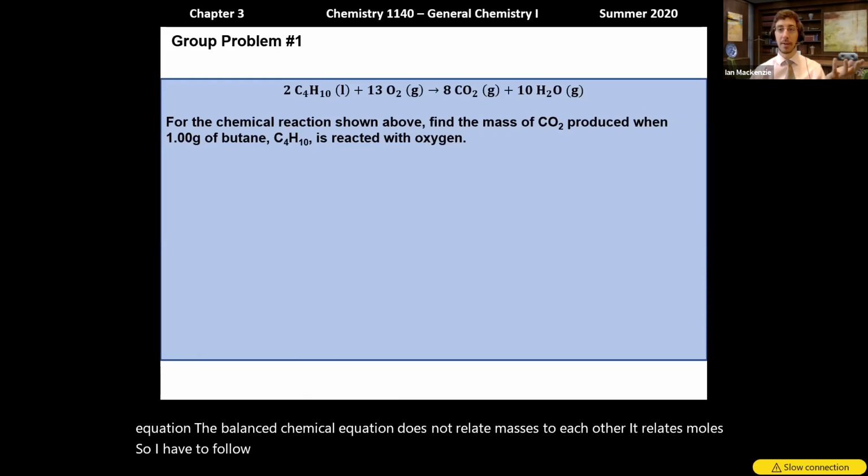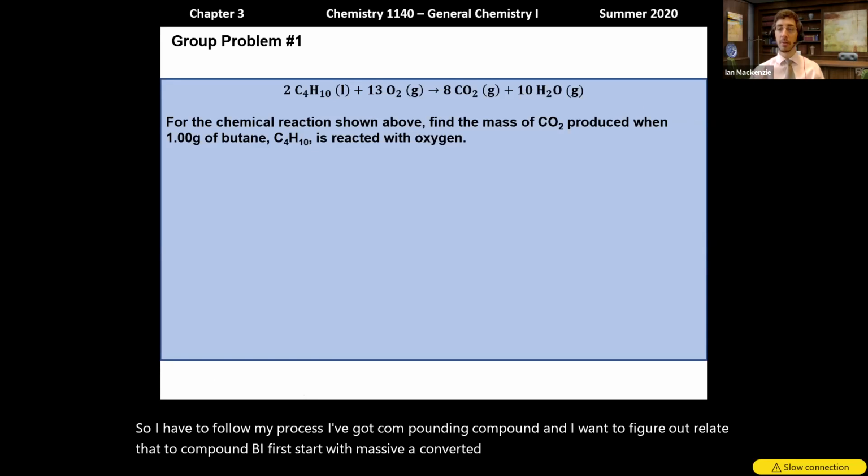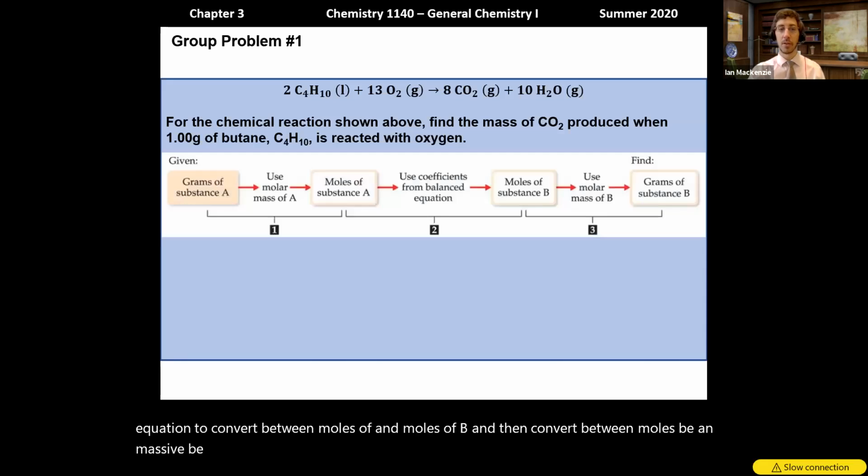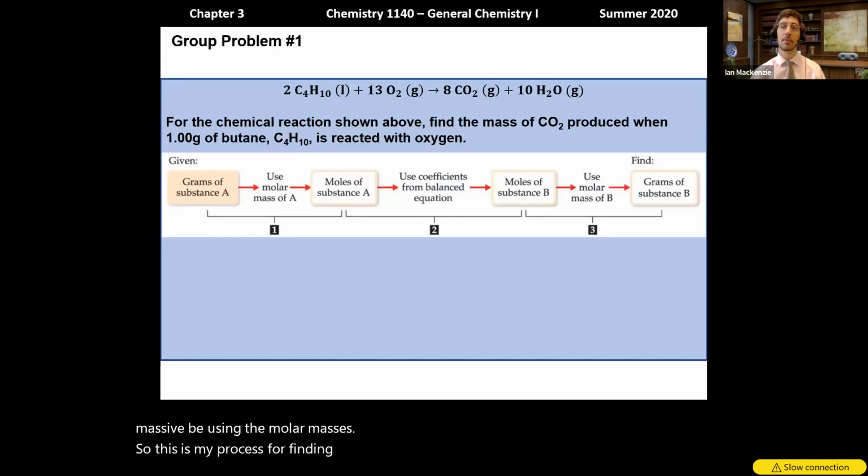I've got compound A and I want to relate that to compound B. I first start with mass of A, convert it to moles of A, use the balanced chemical equation to convert between moles of A and moles of B, and then convert between moles of B and mass of B using the molar masses. So this is my process for finding the mass of CO2 produced from 1 gram of butane.